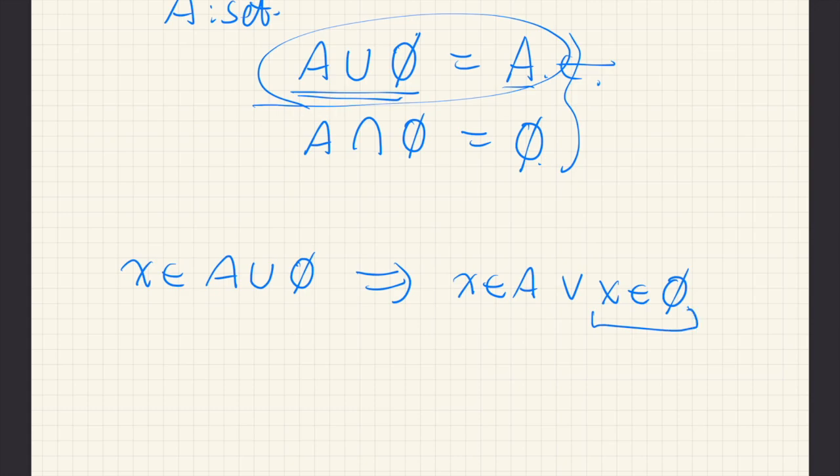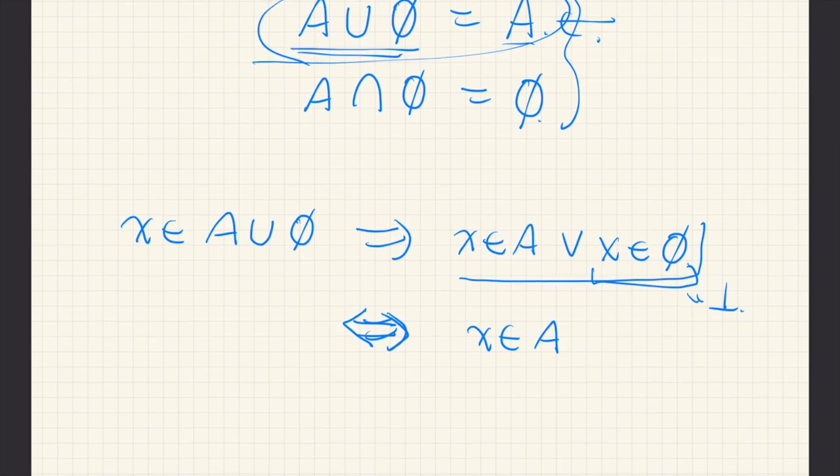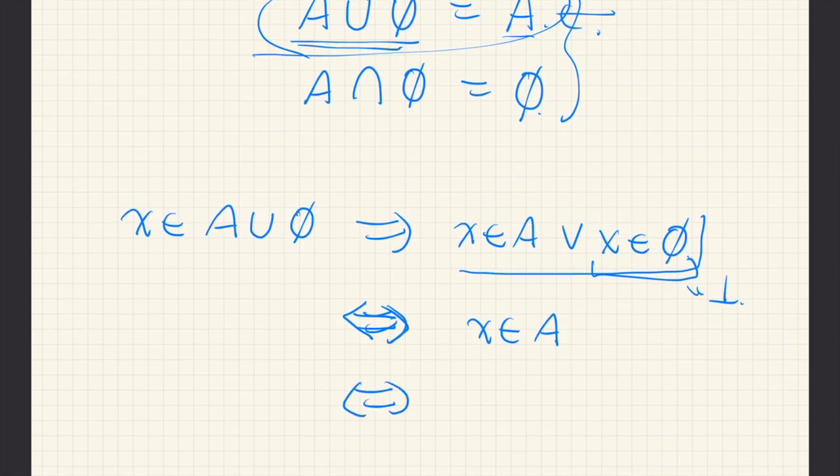But the latter is always false. So that means this can be true if and only if x in A is true. So this is equivalent, if and only if x belongs to A.